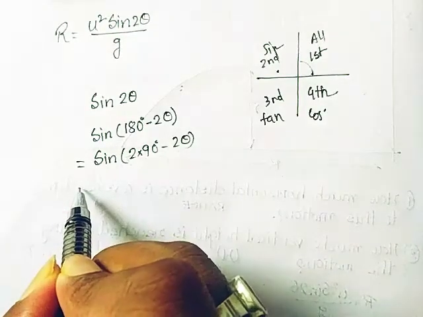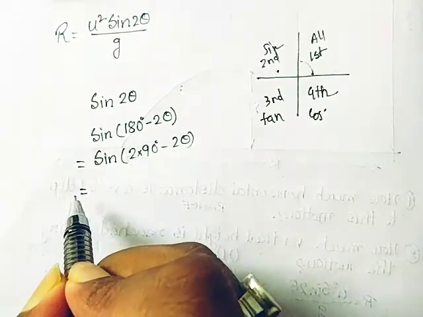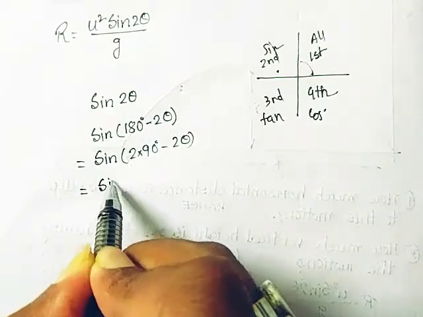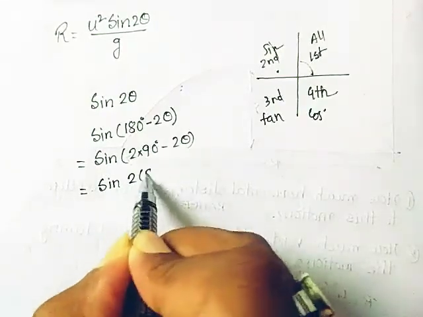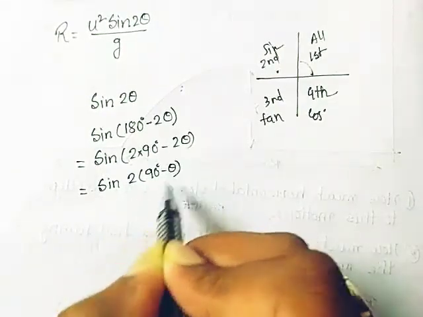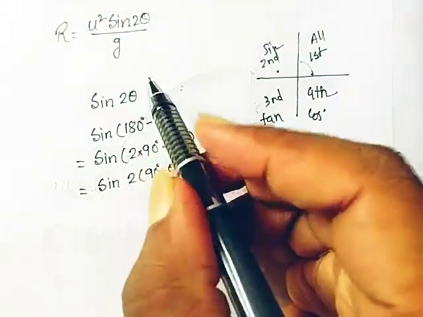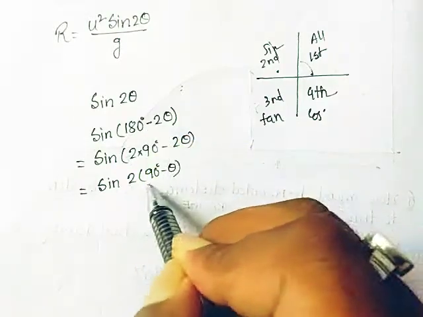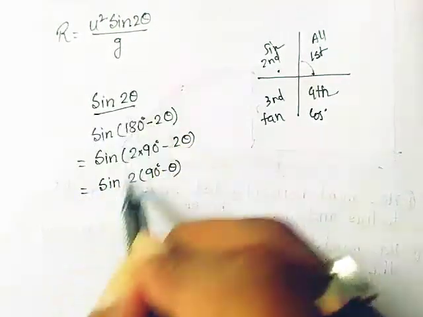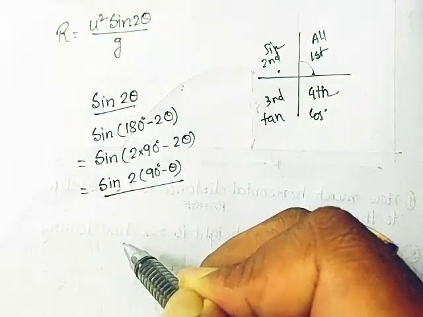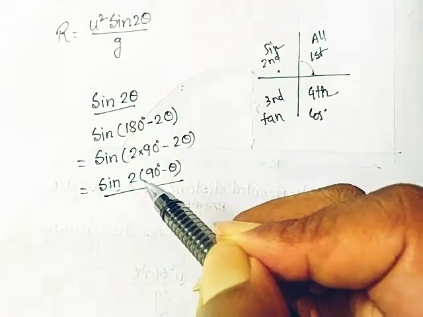If it is the same value, then if I write sine 2 into 90 degree minus theta, we can say that theta and 90 degree minus theta give the same value.